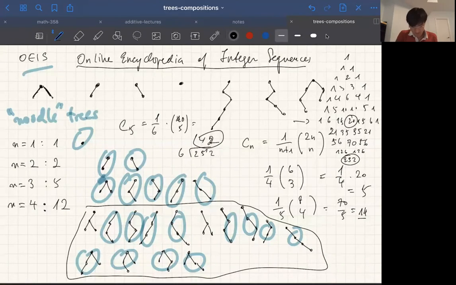For example, if this would be all the trees up to n equals 4, I remember talking about this yesterday. It's really kind of confusing to me why each one of these would correspond to exactly one tree of n equals 5. Not necessarily all of them, but there's at least an injection into the trees of n equals 5.